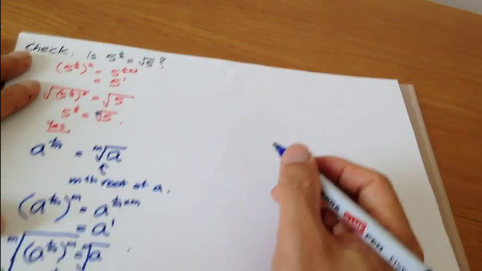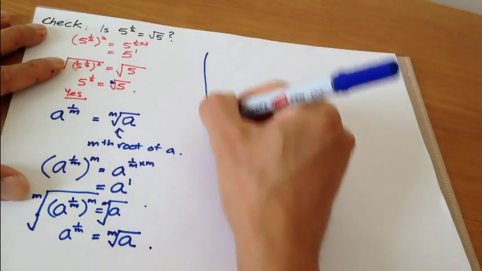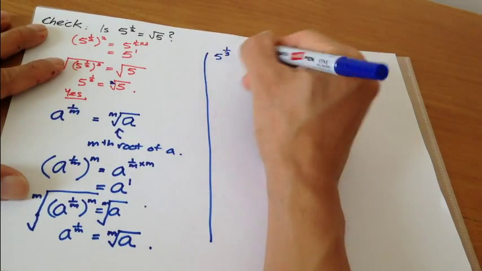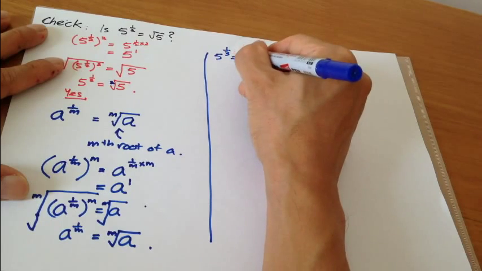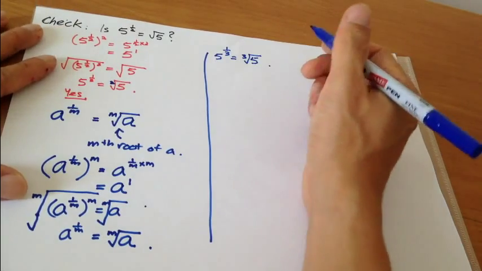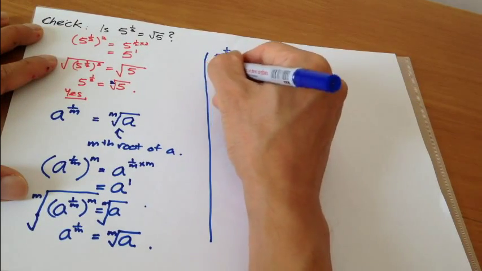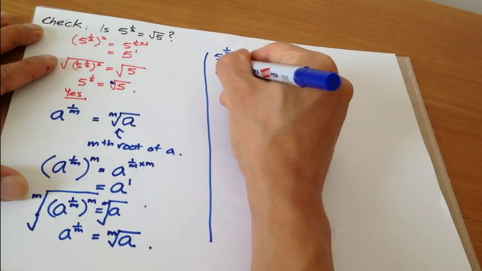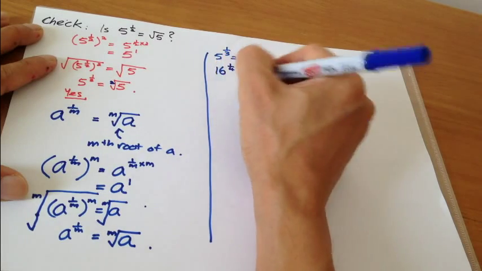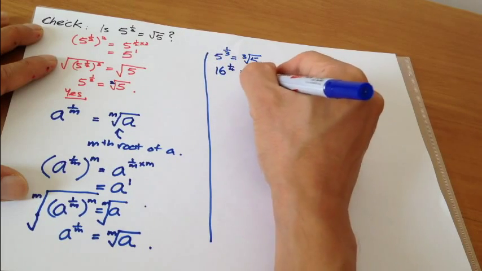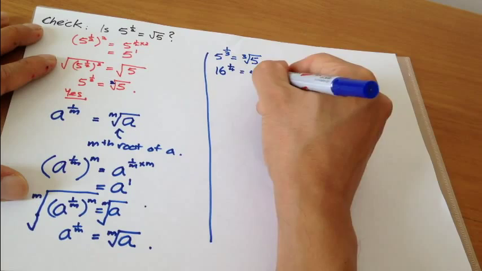So with this, I can now write, for example, 5 to the power of 1/3 just means cube root of 5. If you have 16 to the power of 1/4, then this means the fourth root of 16.